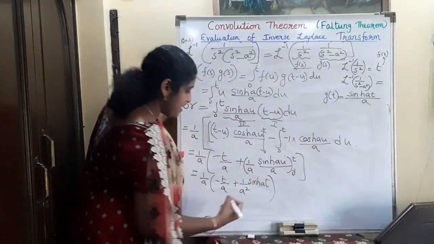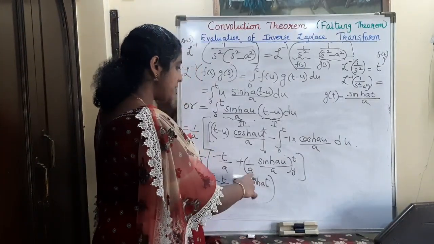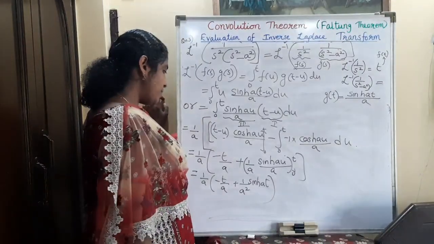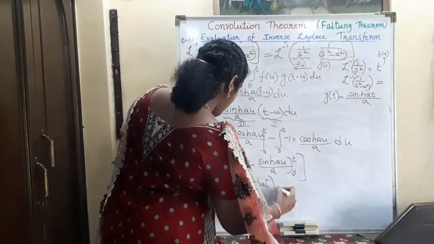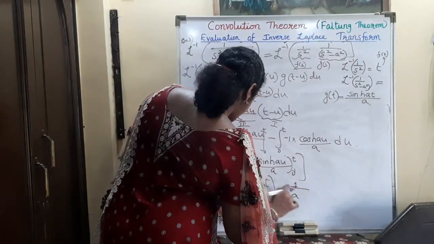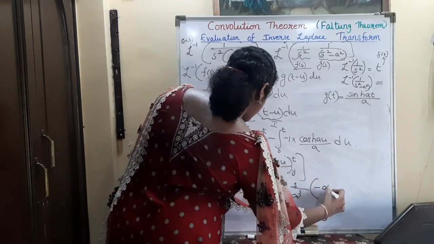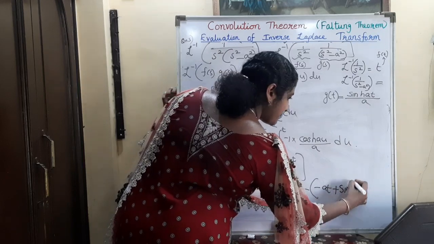So our answer is 1 by a into minus t by a plus sin(at) divided by a square. If we want, we can take the LCM, then 1 by a cube, minus at plus sin(at).